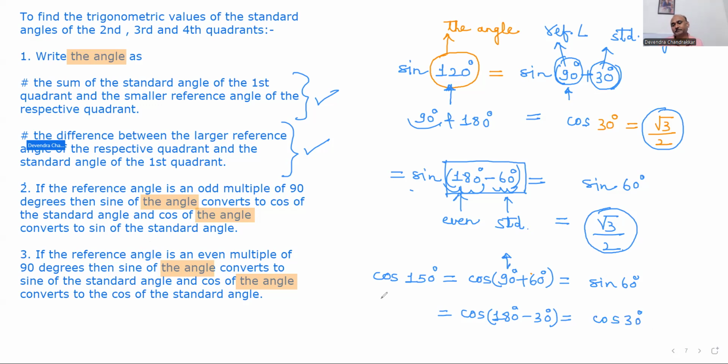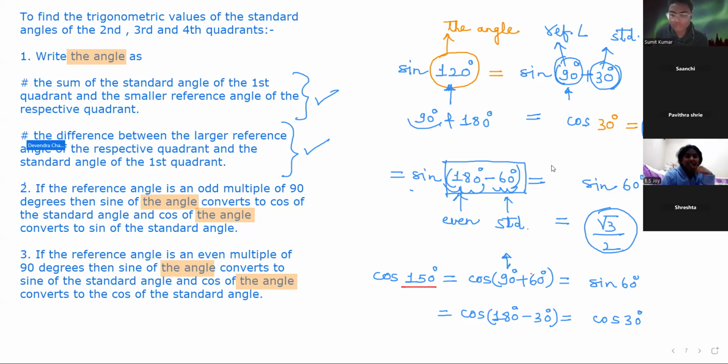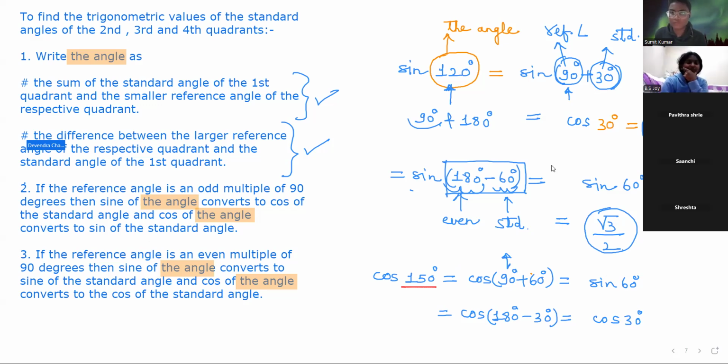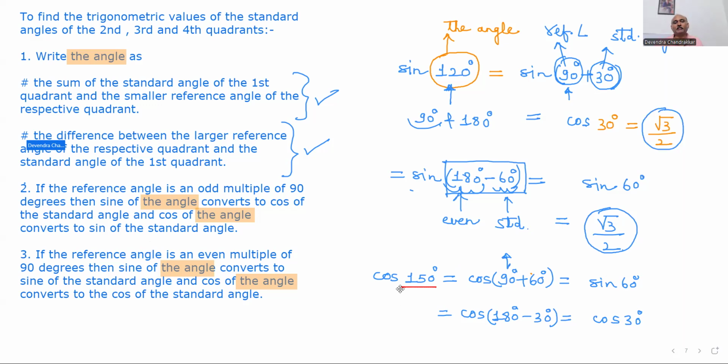Now, tell me, 150 lies in which quadrant? All of you. Second quadrant. Second quadrant में cos negative होता है, positive होता है बेटा? Negative. Negative होता है ना?